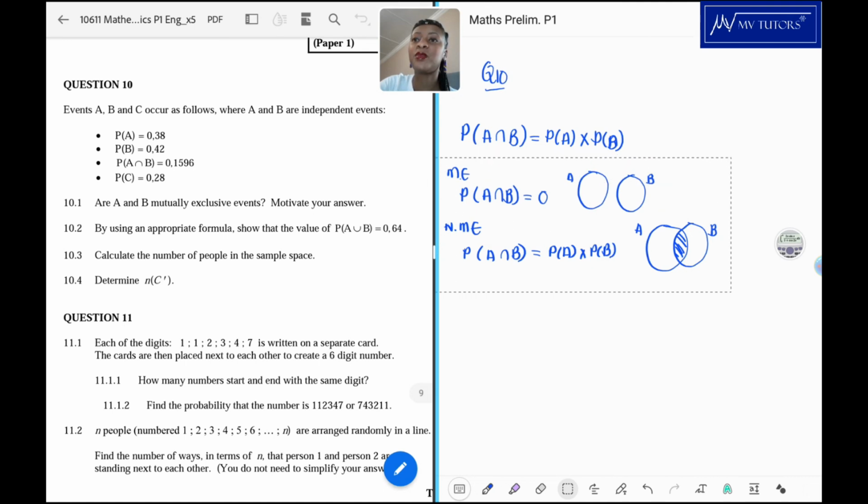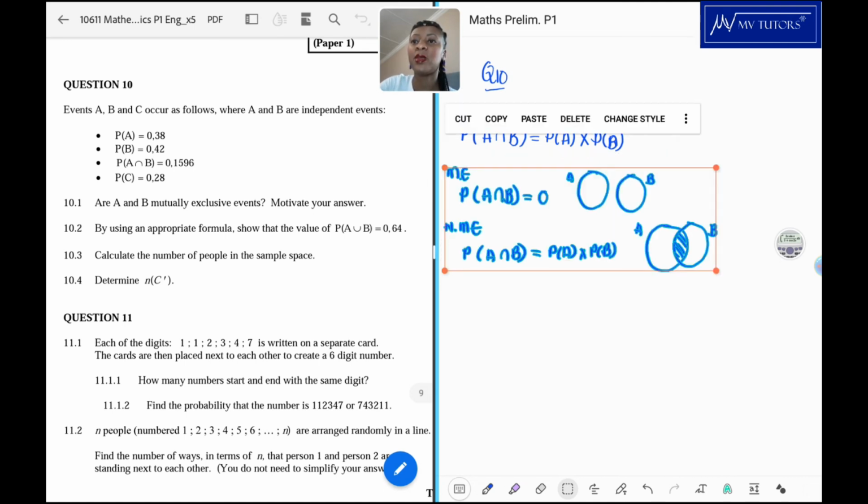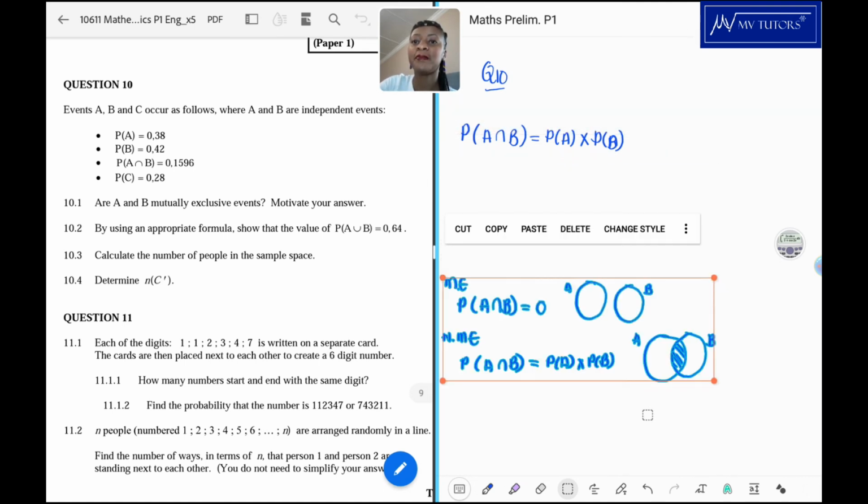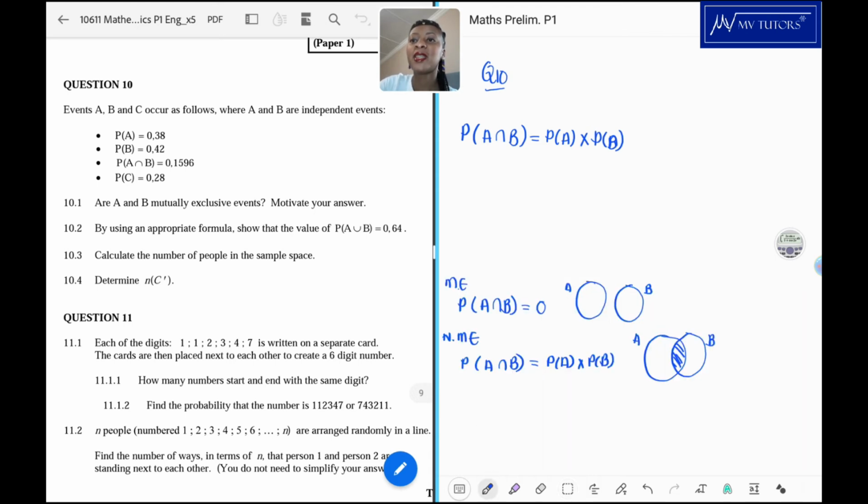Okay, let's just move this to the bottom so that we can calculate. They are telling us that the probability of A and B is 0,1596. Now we need to check, are we going to get the same answer on the right hand side? The probability of A is 0,38. The probability of B is 0,42.